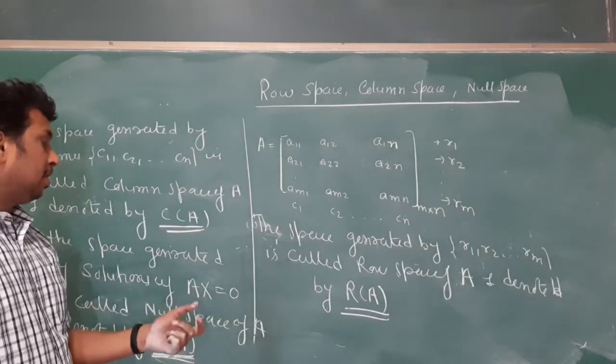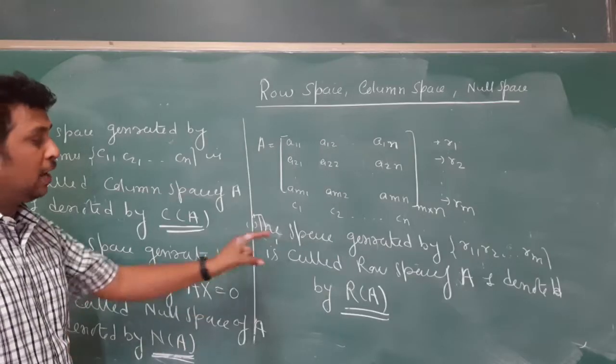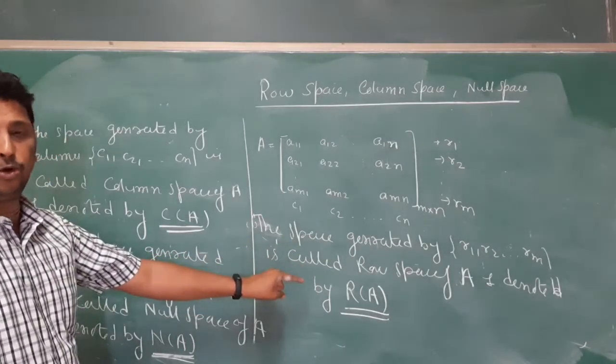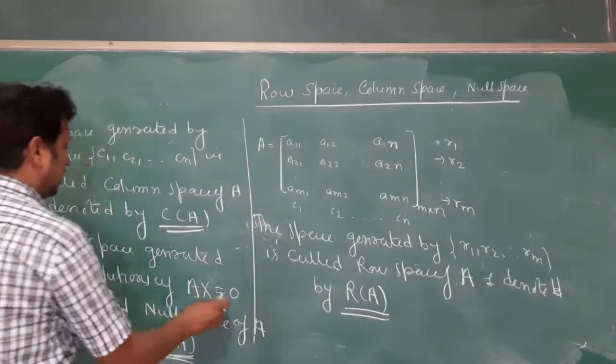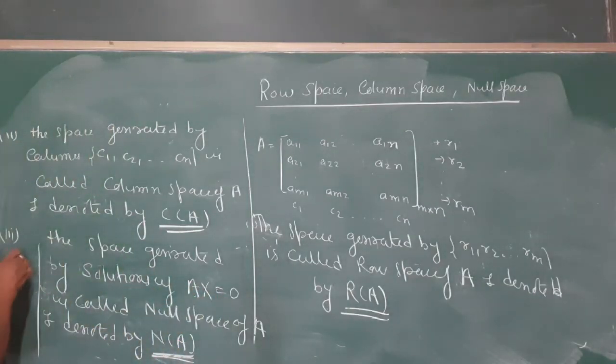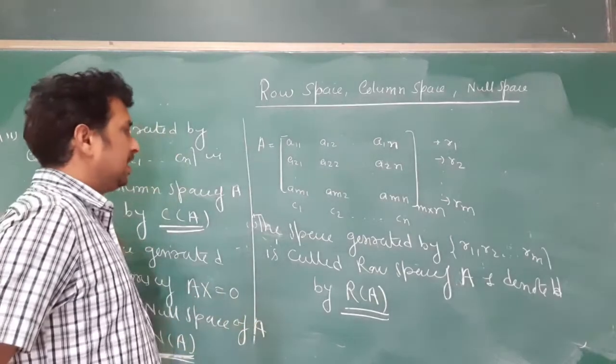Sometimes we reduce A into echelon form to calculate the row space. In that case, the solution of Ax is equal to 0 is the same as the solution of Ux is equal to 0, because the row echelon form is an upper triangular matrix. So U here is an upper triangular matrix. Either you find the solution of this or this, both are the same. So that is easy for us.